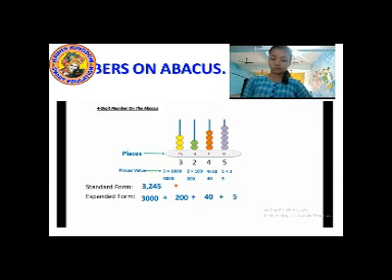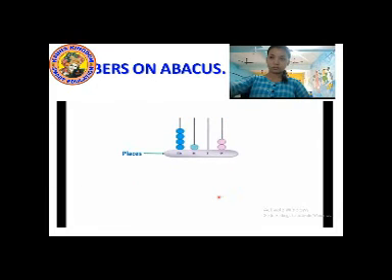So this is the expanded form of this number 3245. Now let's write the word form of this number 3245. The word form is: 3 is in thousands place, so we will write three thousand. Let's go to another example.